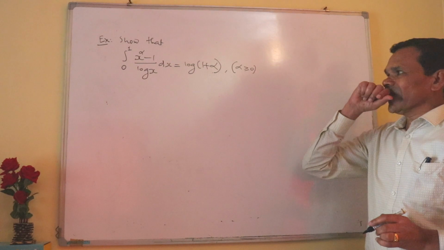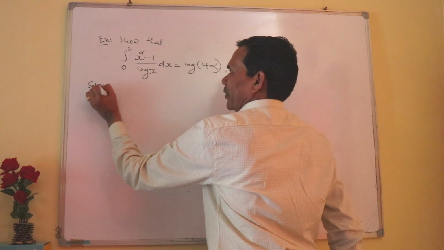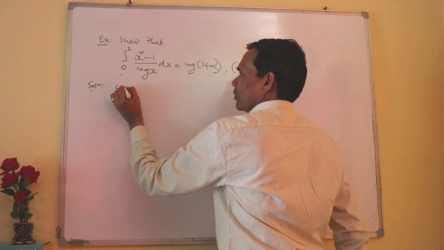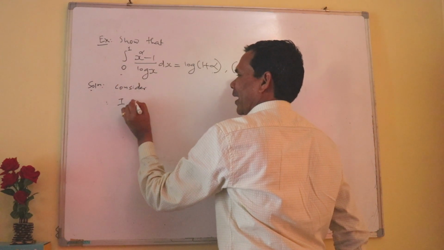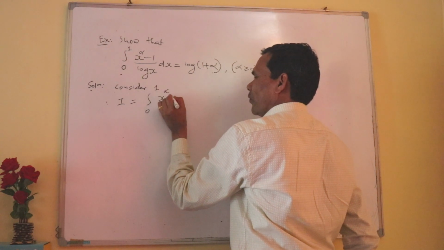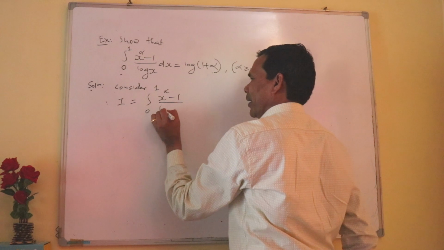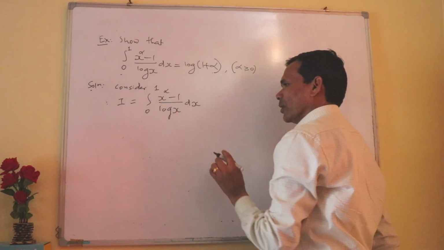So we have to show this. Solution: we consider the LHS integral as I, the integral from 0 to 1 of x raised to alpha minus 1 divided by log x, with respect to x.